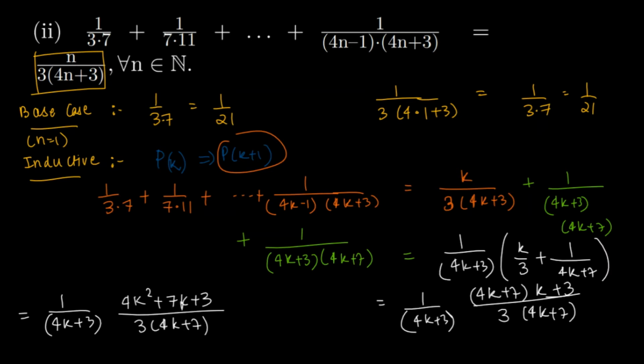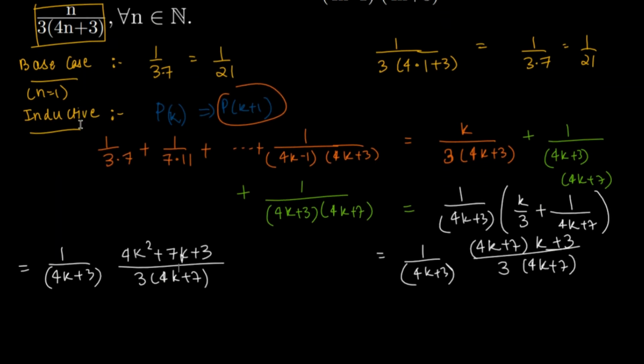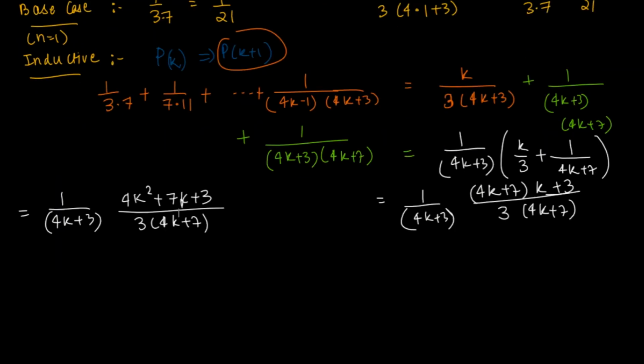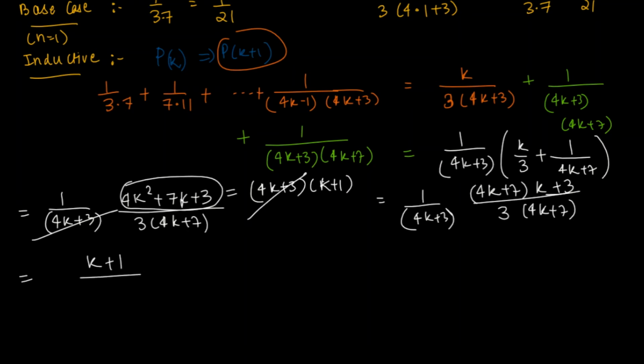So if you went on to complete the square, that's one way to do this. The other way is you can observe that this can be written as 4k plus 3 times 4k plus 1. And once you do that, 4k plus 3's would get cancelled out, and you will have k plus 1 divided by 3 times 4k plus 7.